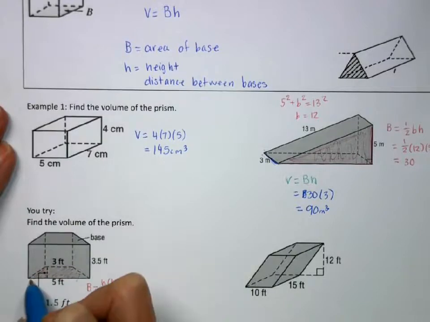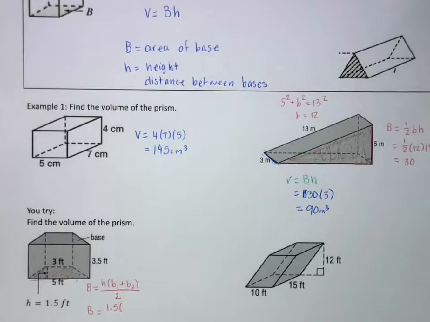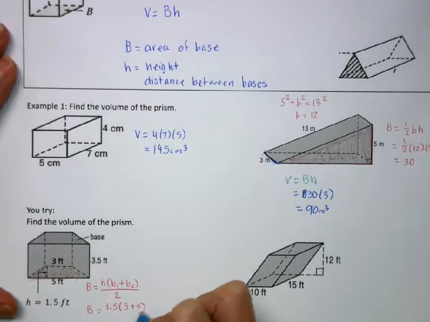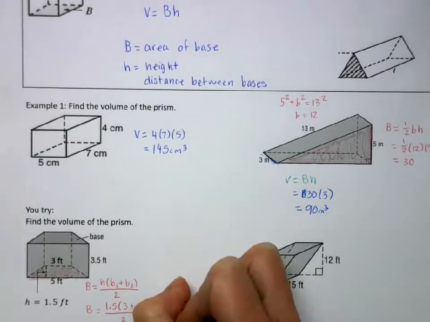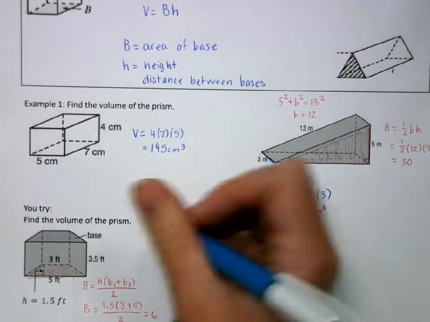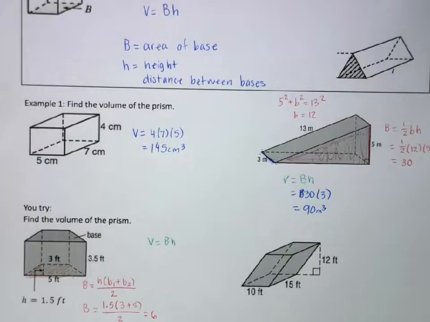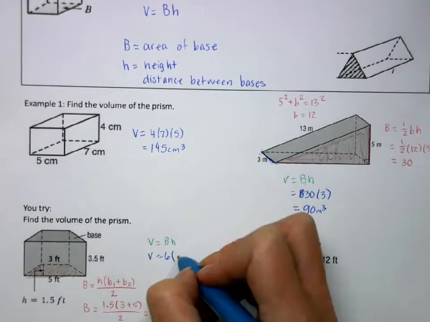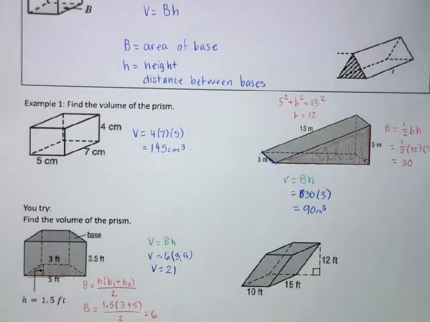The two bases are 3 and 5. So when we calculate this, we will get 6. So volume is base times height. Base is 6. Height is 3.5. So we get a volume of 21.